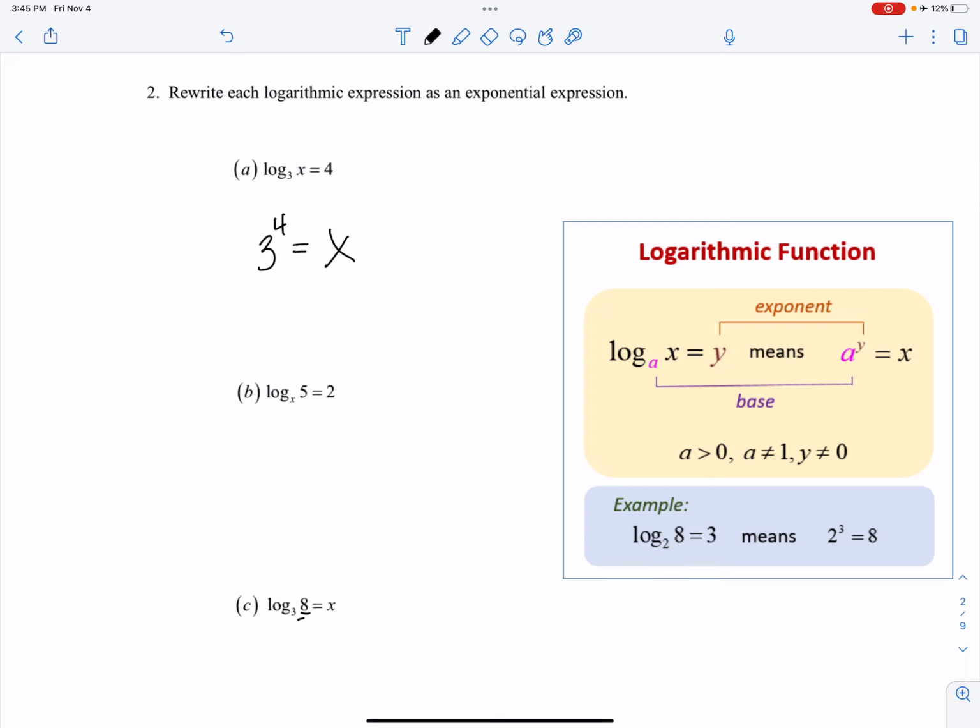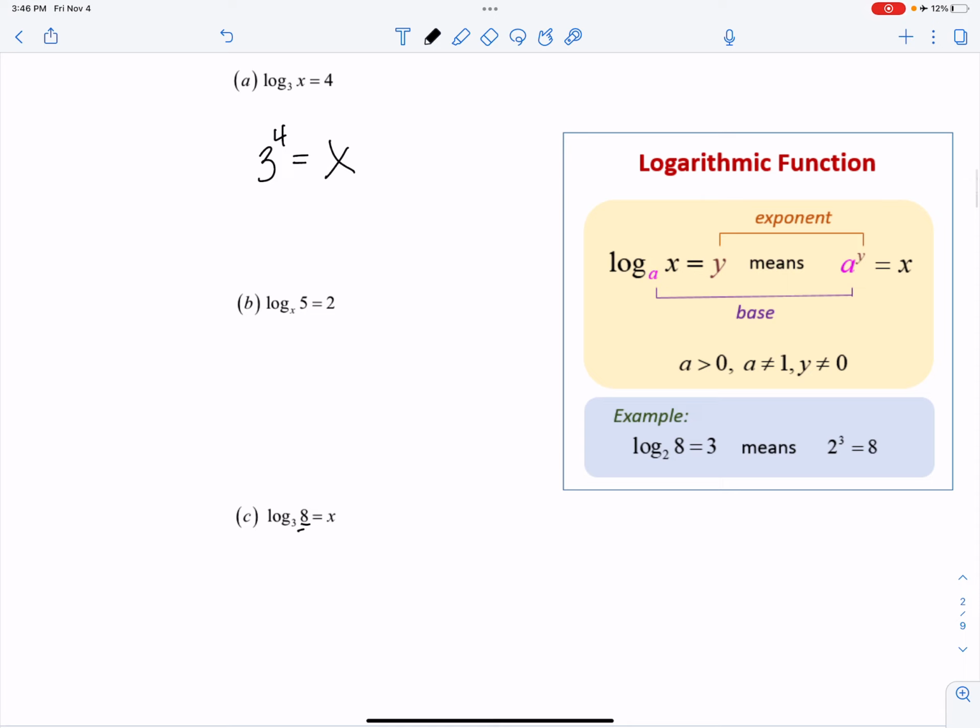That's what our whole thing equals. Next, we have log base x of 5 equals 2. Our base is x. Our 5 in our log is what our exponential will equal, and 2 is what the log equals, so that is our exponent.